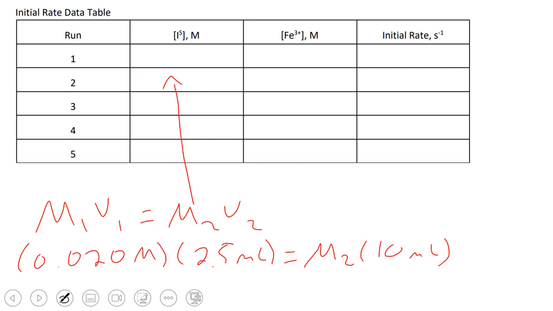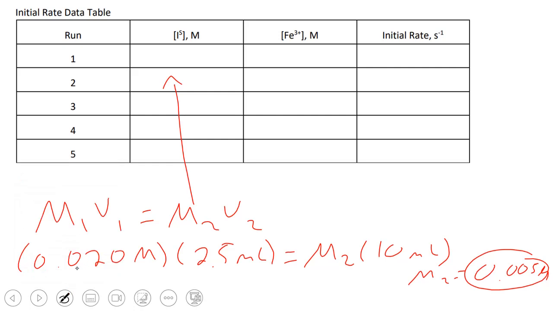If we divide that out, taking 0.020 times 2.5 and dividing by 10 milliliters, rearranging algebraically, we come up with M2 equal to 0.005 molar. So that's our concentration for the iodide.